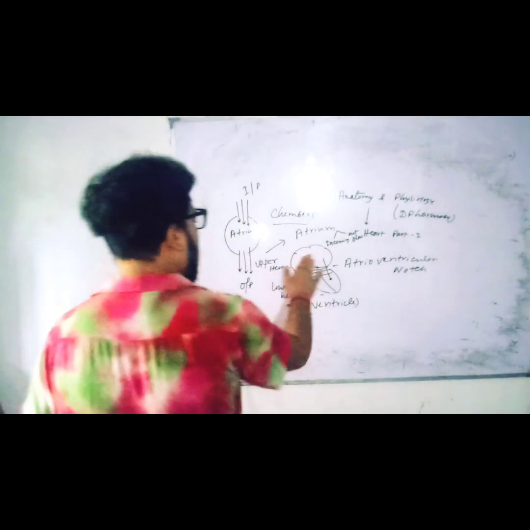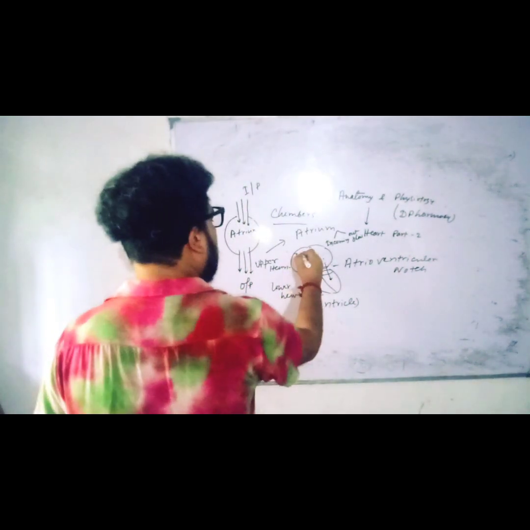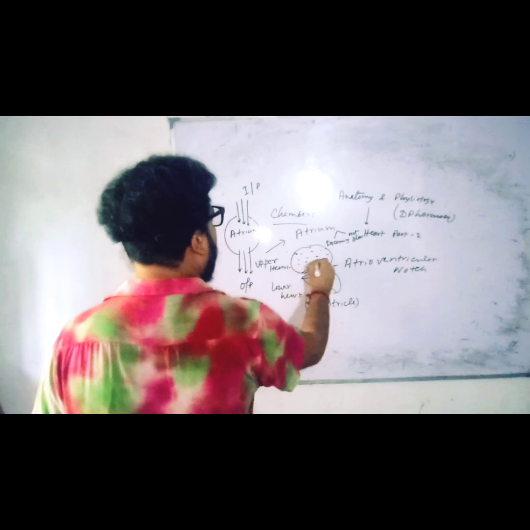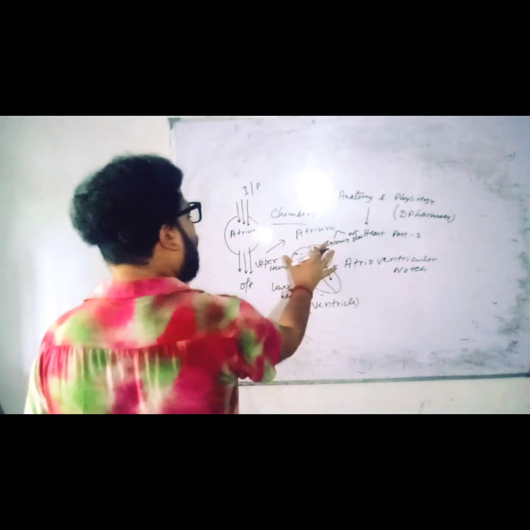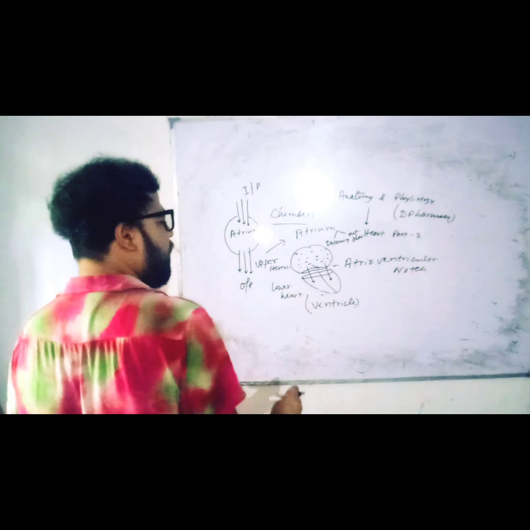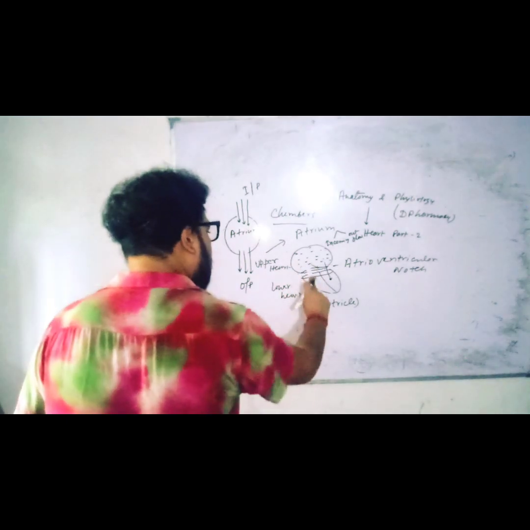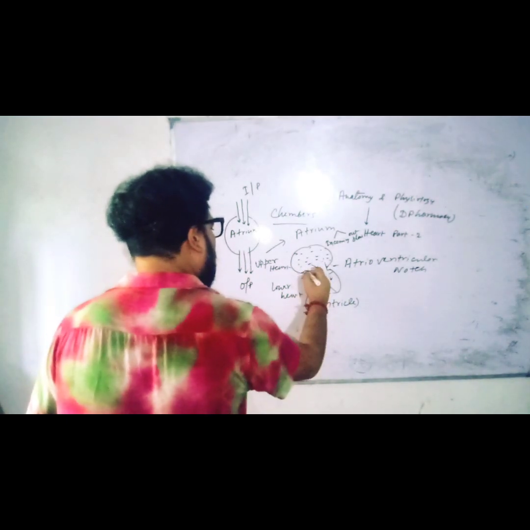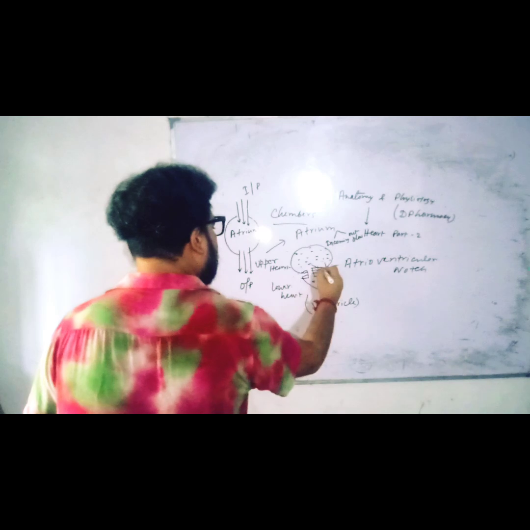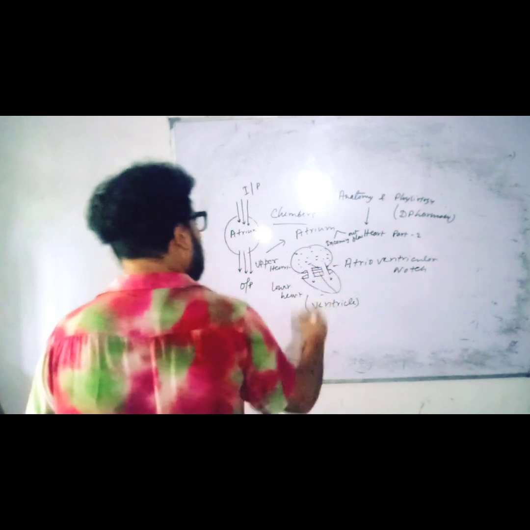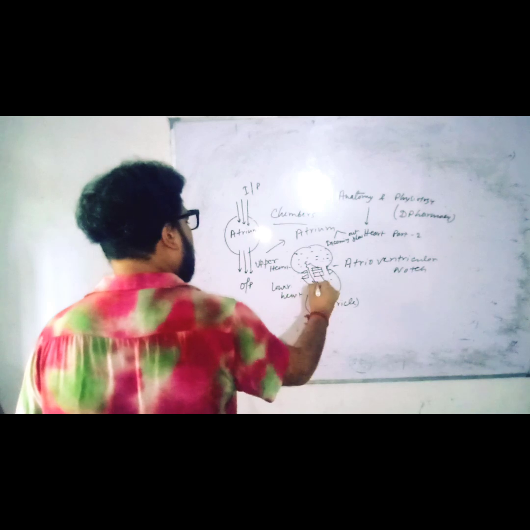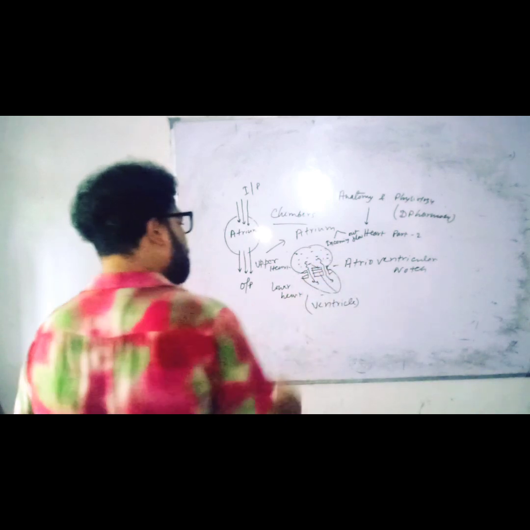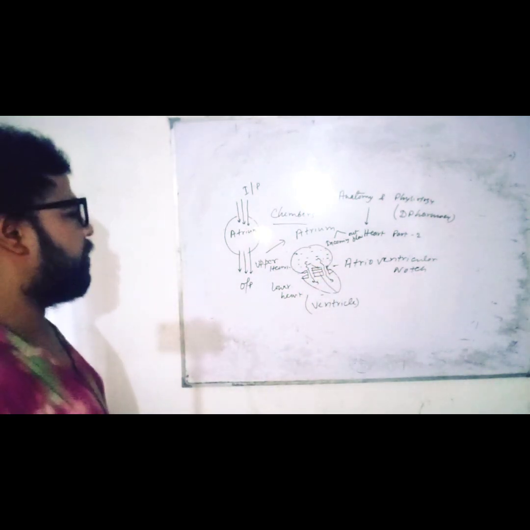Suppose this is your atrium. This atrium is now filled with blood. When the atrium contracts, all the blood will come from atrium to ventricle.